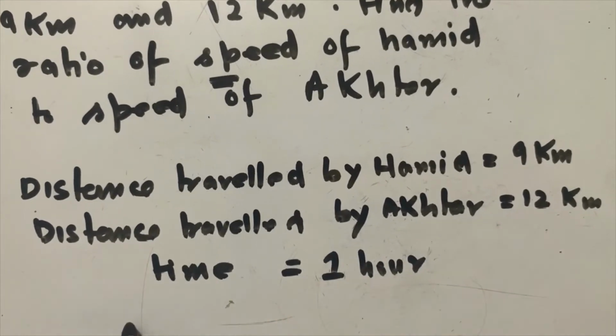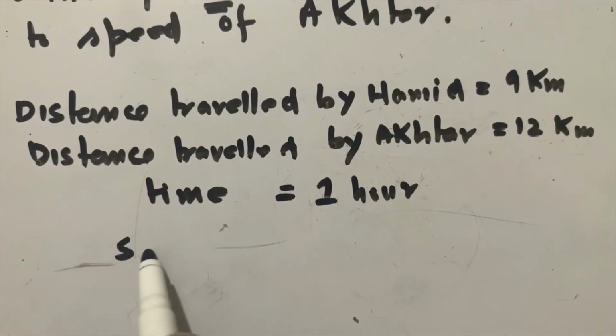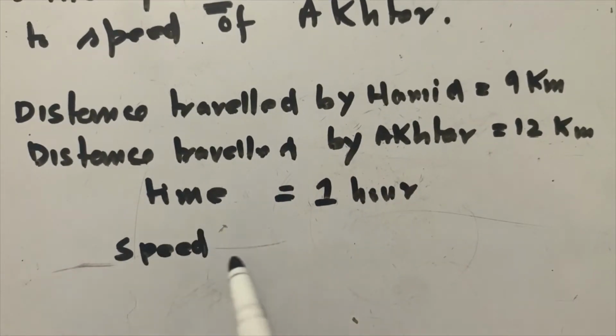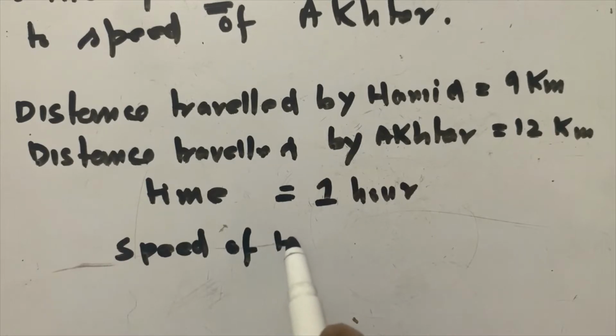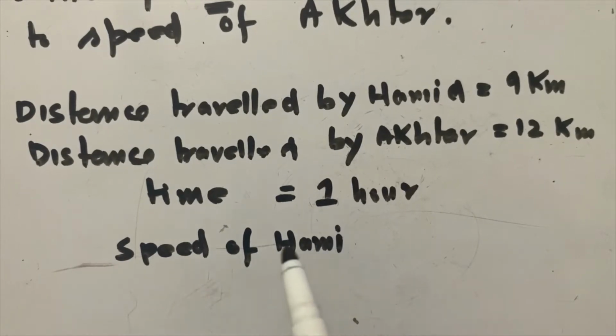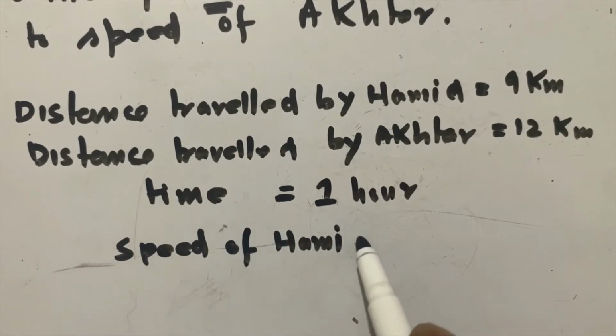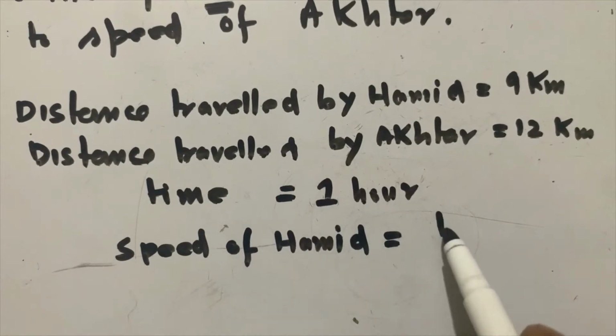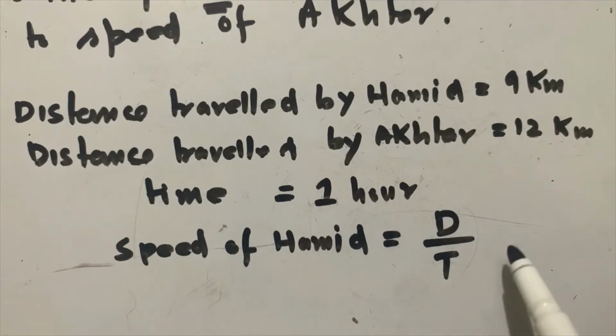ठीक है, तो स्पीड ऑफ Hamid, what is the speed of Hamid? Speed of Hamid is equal to distance upon time.